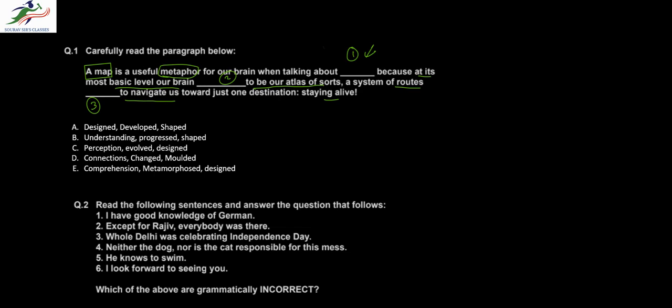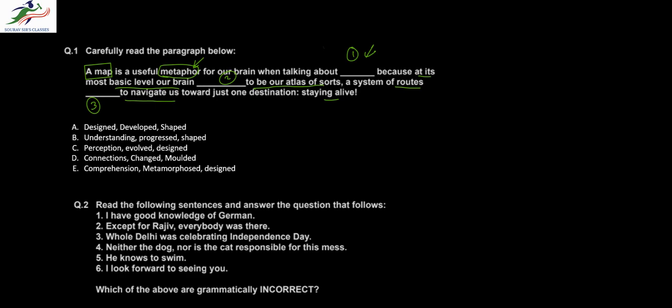Now we have to understand the word metaphor. The word metaphor means something which represents something else, or in other words, two things are implicitly compared, not directly. For example, the world is a stage. Now when I say the world is a stage, we are comparing implicitly the stage to the world. So a stage is representing the world. So that means I'm not saying that the world is like a stage.